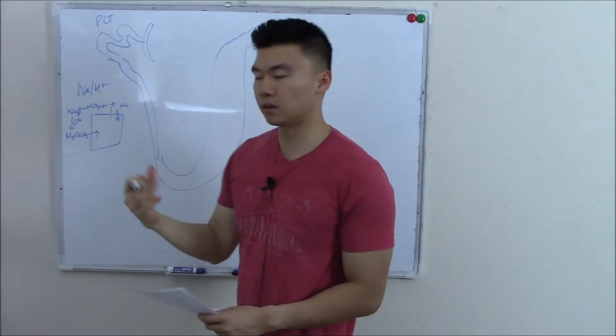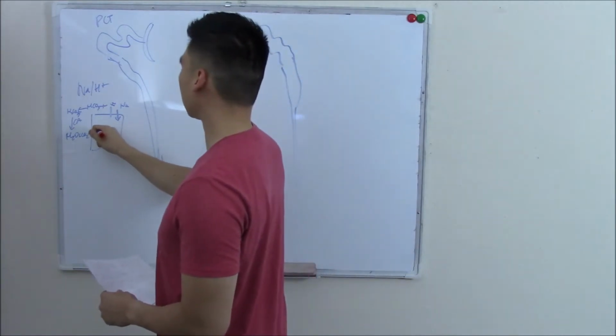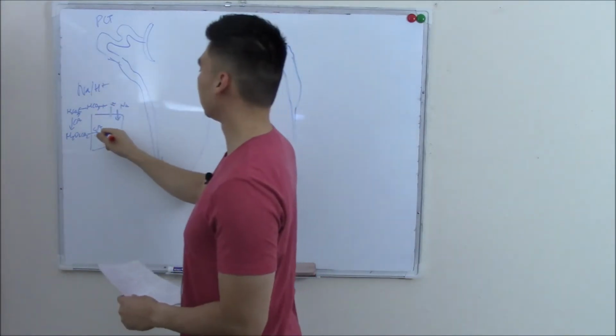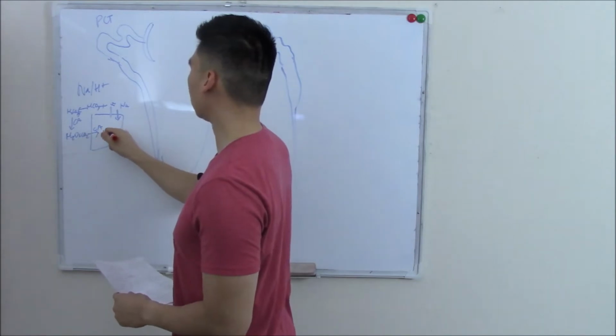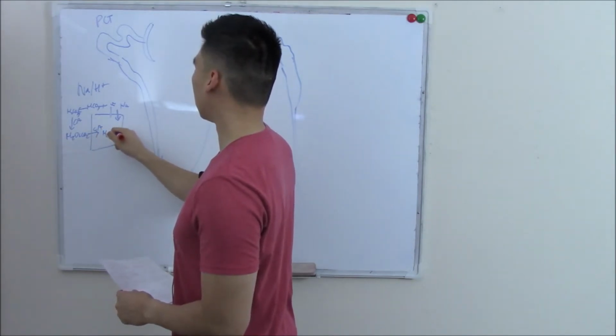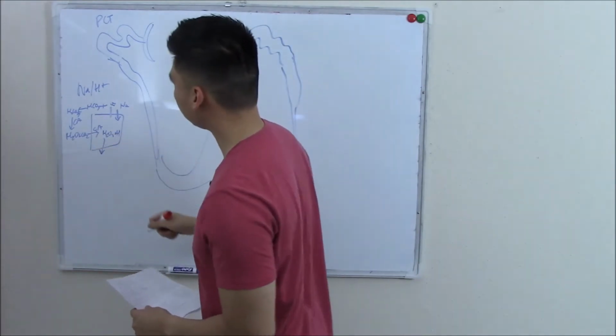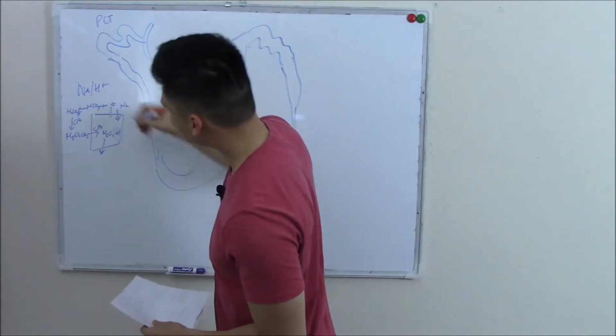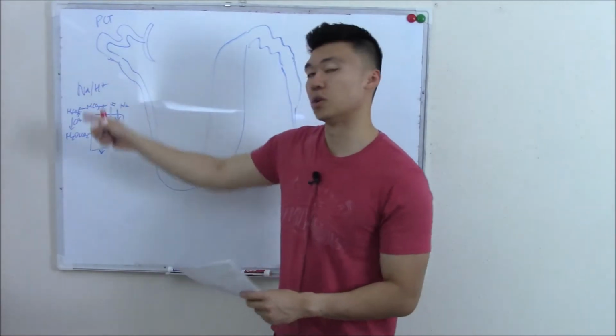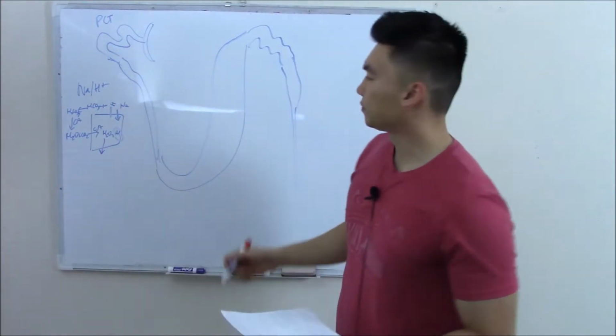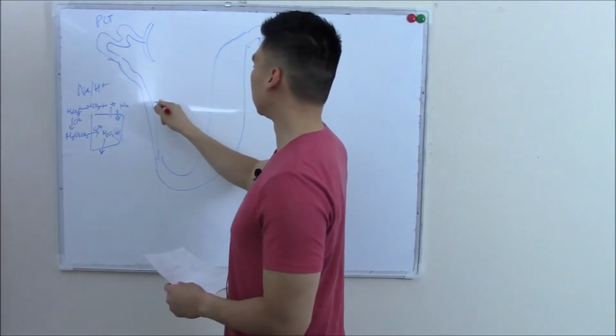And that goes in your cell, and carbonic anhydrase again would basically do the reverse of this, so break it back down to bicarb and acid. That bicarb will be reabsorbed, and that acid we just pump back out, do the whole cycle again. That was your PCT.